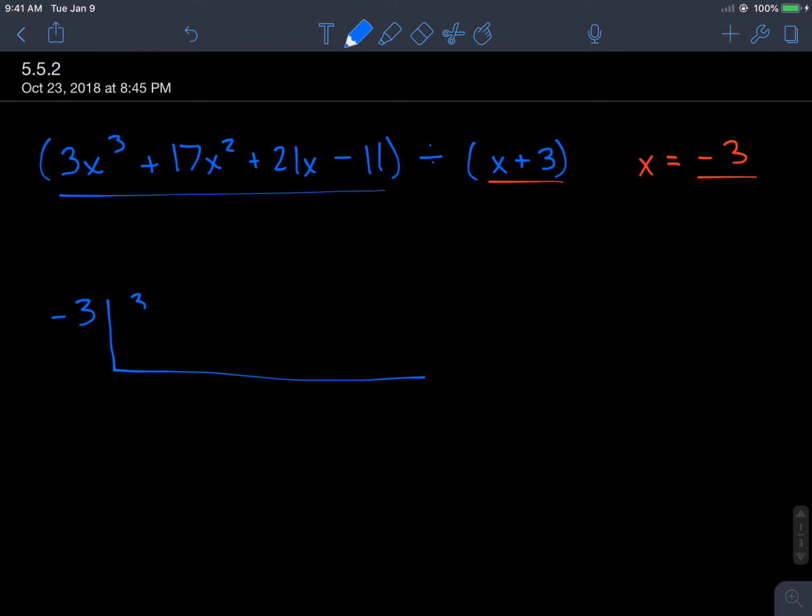So 3x cubed plus 17x squared plus 21x minus 11. So we just plug those in.